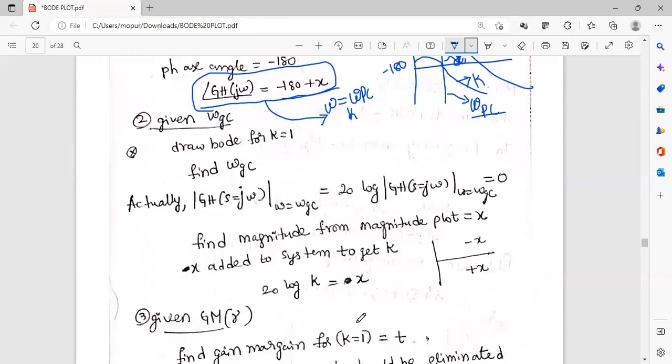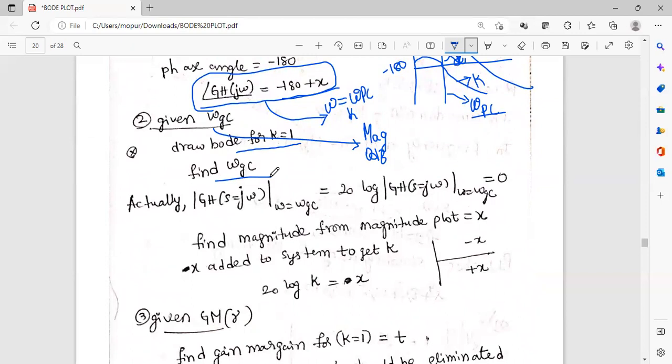Now, they had given the gain crossover frequency. What is meant by gain crossover frequency? Gain crossover frequency is the frequency at which the magnitude plot and 0 dB coincide. So initially, you draw the Bode plot for k equal to 1 and find the gain crossover frequency of the given Bode.